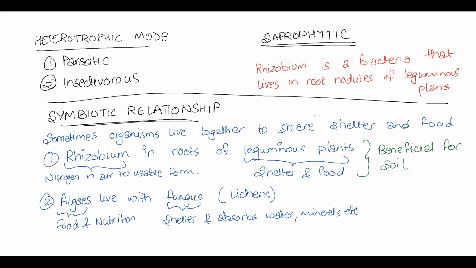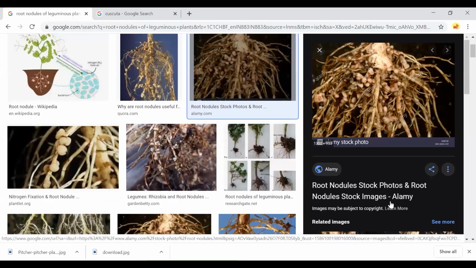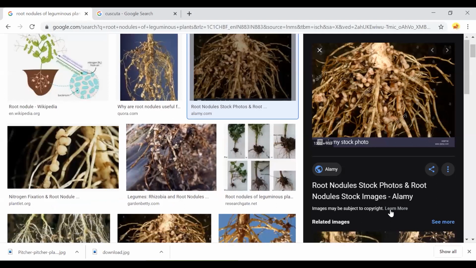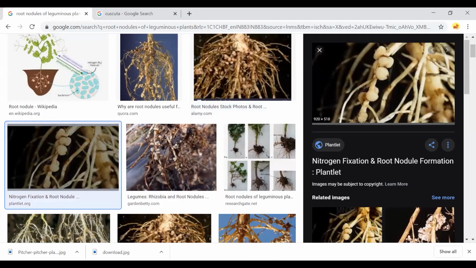Okay, so now you can see this image over here. You can see the roots are there, but there are certain small ball-like structures in the root. When you see it in a magnified way, it is somewhat like this.